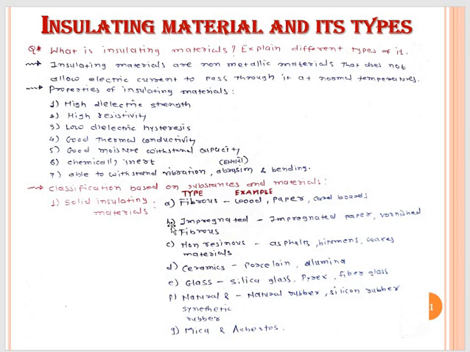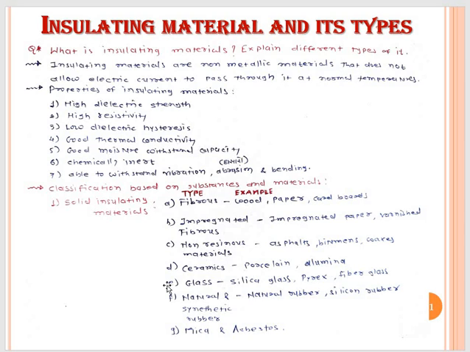Next is glass. In glass-type solid insulating materials, silica glass, pyrex and fiberglass are there. And next, natural and synthetic rubbers. In this type, natural rubber and silicone rubber are there.